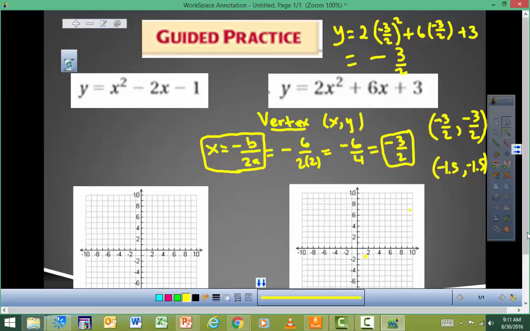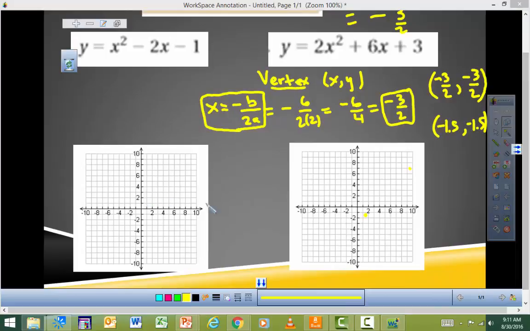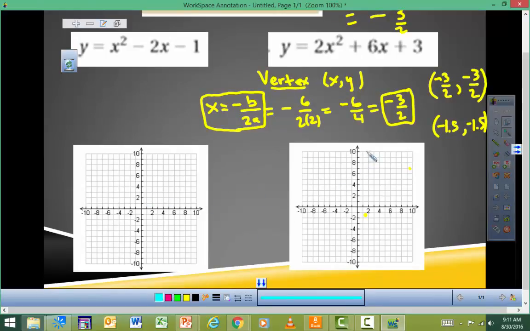Okay, so raise this up a little bit. And so I have an axis of symmetry now. It's going right down the middle here. Okay, so you might have some fractions to deal with on the homework. So there's my vertex. And right here is my axis of symmetry.